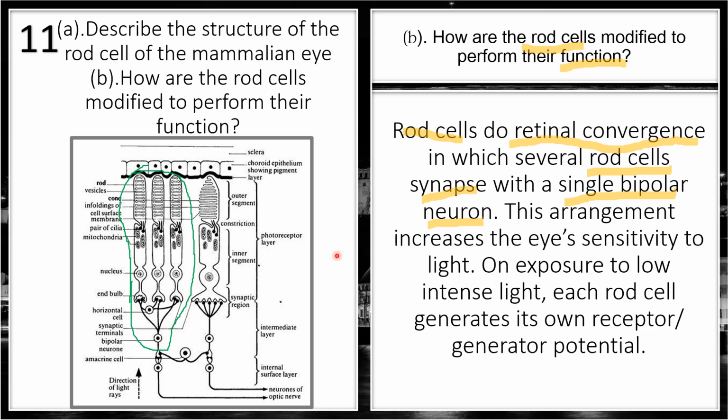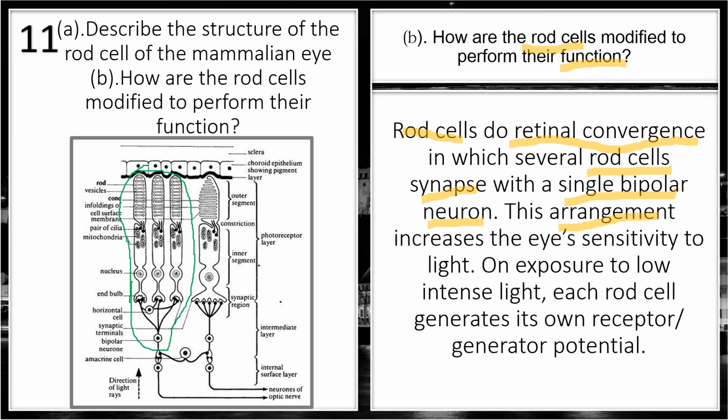So that's what we are saying, that the rod cells do retinal convergence. That one whereby they all connect to one bipolar neuron is what we call retinal convergence. Several rod cells synapse with a single bipolar neuron.